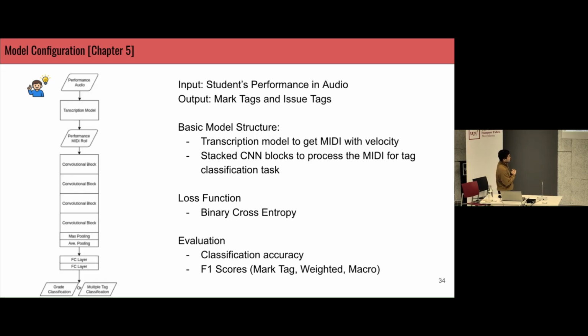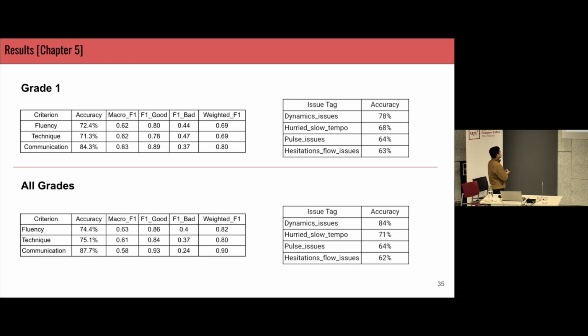For evaluation, simply accuracy and F1 score are applied for mark tagging. And here are the results. For grade 1, actually, the results show a very similar tendency to all grades. All grades had better model performance in general. I think this is because all grades have a way bigger dataset, 2.6K, while grade 1 only has 600.